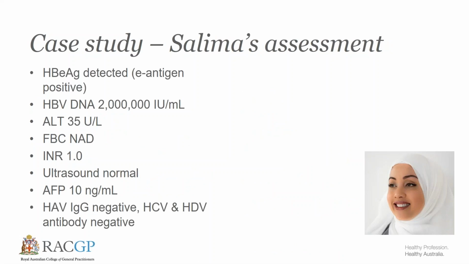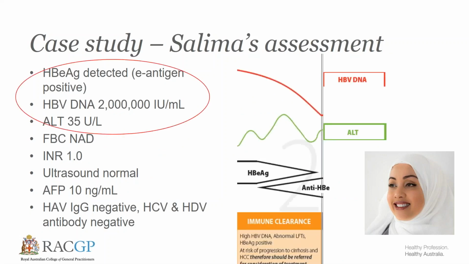Okay, so assessing Salima, same tests that we ordered for Mahmoud. So she's E antigen positive. Her DNA is high, 2 million international units per mil, and her ALT is elevated. So Salima is in immune clearance phase, the second phase.